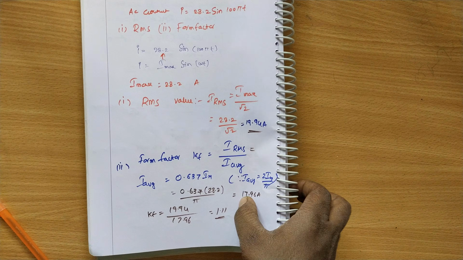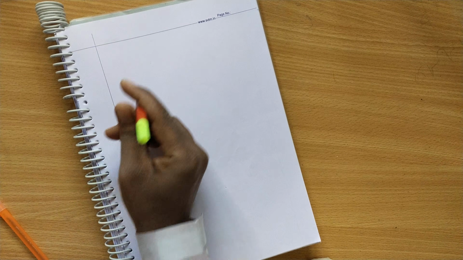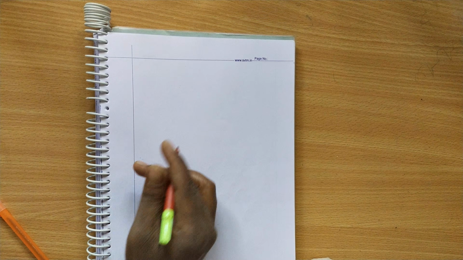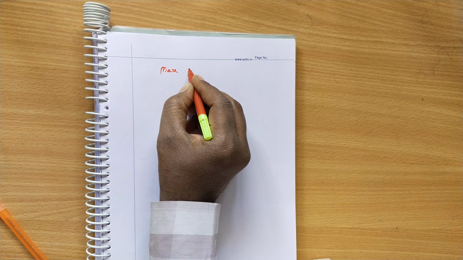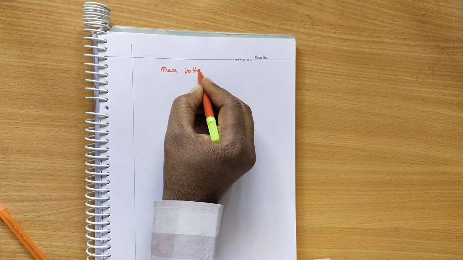Let us see another example, how to calculate RMS value, average value, peak factor and form factor for a sinusoidal voltage whose maximum voltage is 100 volts.